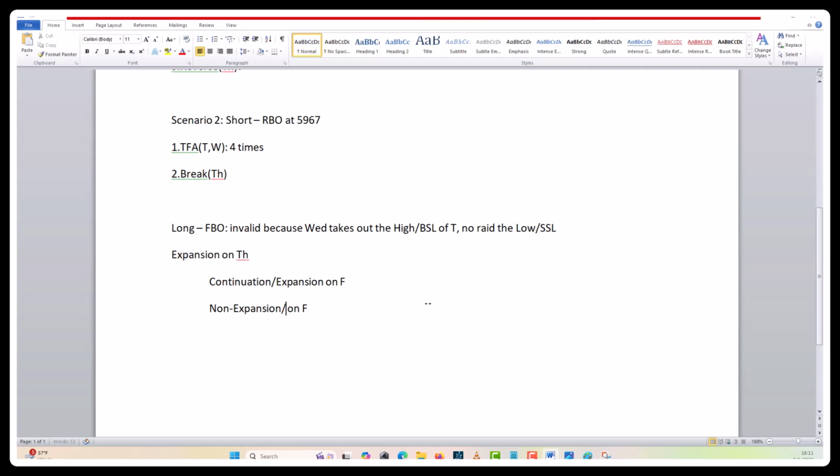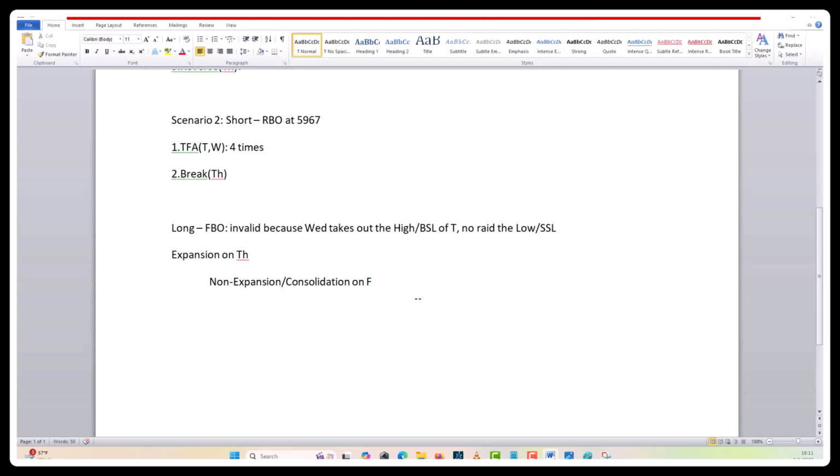The non-expansion move can be a consolidation, in other words. You have a consolidation day right there. And right here, the expansion move on Friday. Let's do this. It makes us organize much better.